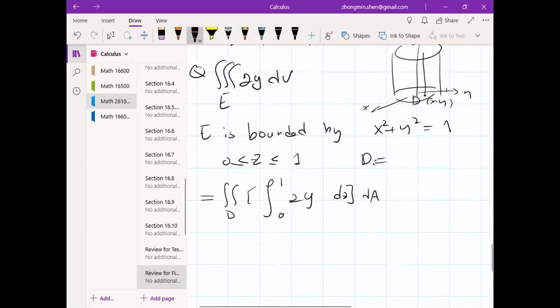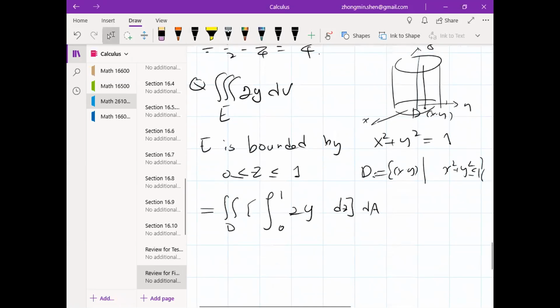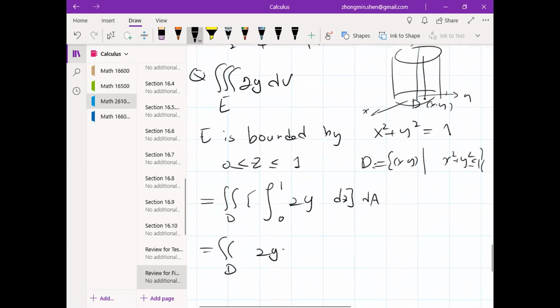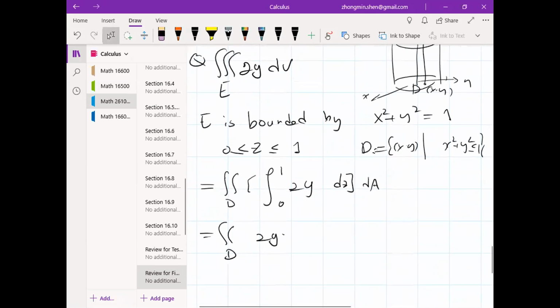D is going to be the disk in the xy plane, which is the bottom disk of the cylinder. The 2y here is constant with respect to z, so that's why I take 2y out. The integral of 1 from 0 to 1 is just 1.